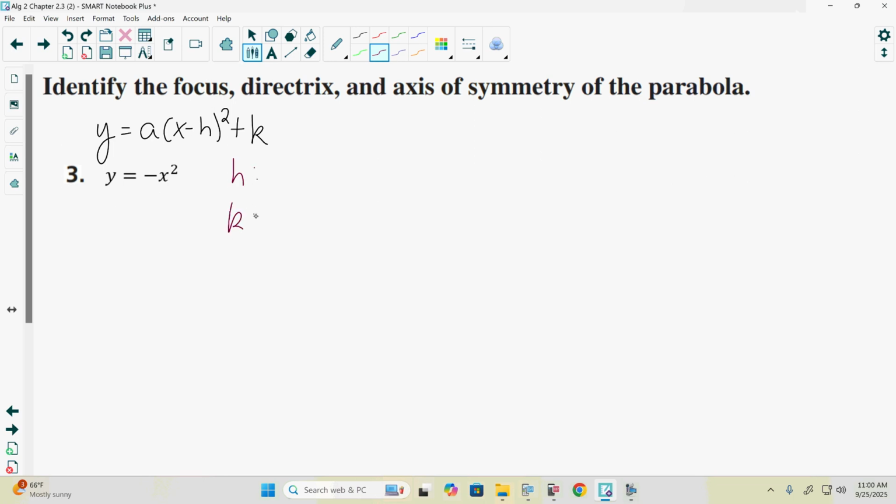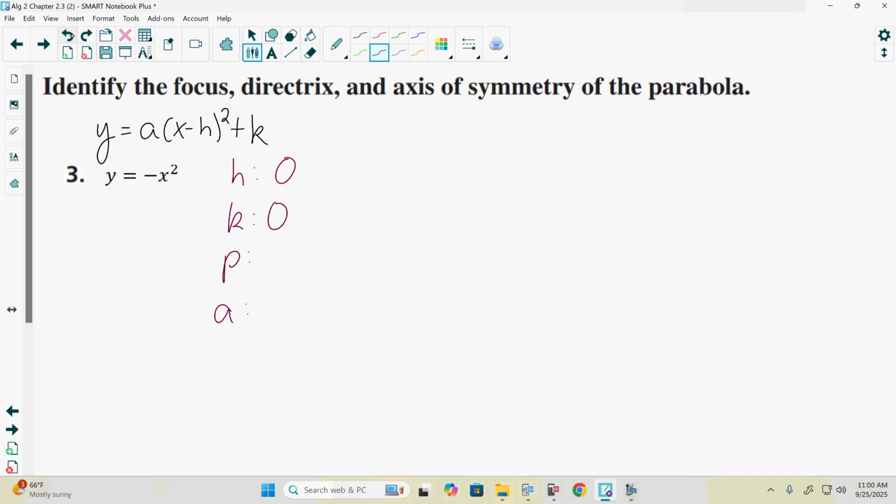H, K, P, A. So looking at this here, what's the value of H and K? 0, 0. They're still 0, 0, because even if we did have, say, +7, K in this case would be 7, H would still be 0.